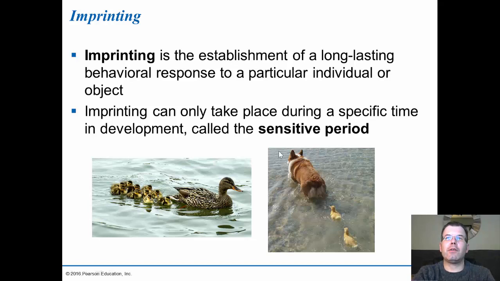We see this in cases where maybe the mother has died and the birds have hatched, or maybe the eggs were taken and incubated on their own, they will imprint on whoever is closest when they hatch. In this case, you can see that these ducklings imprinted on this dog and now follow the dog into the water just like they would the mother duck.